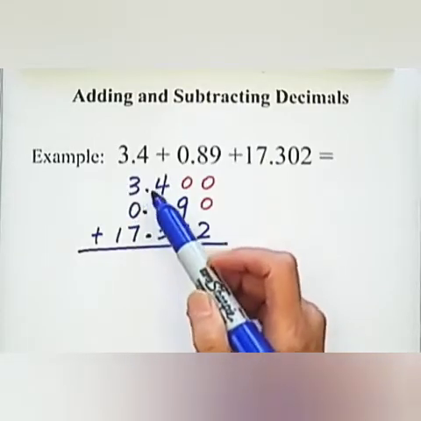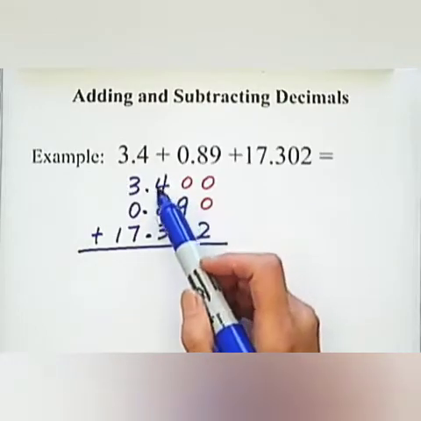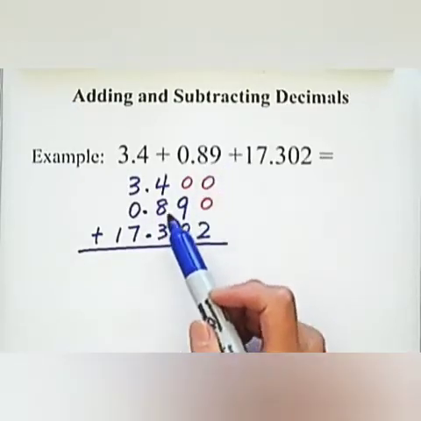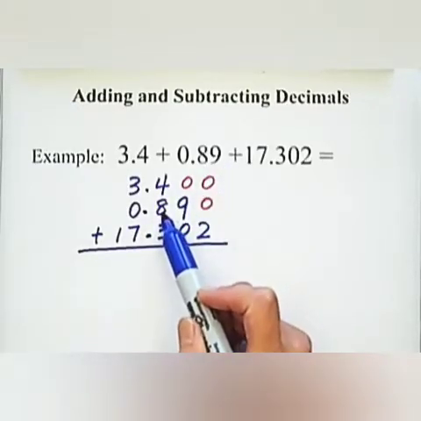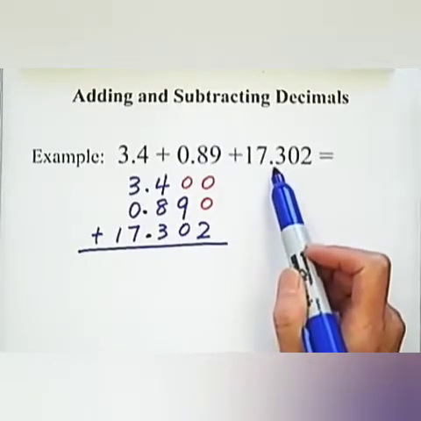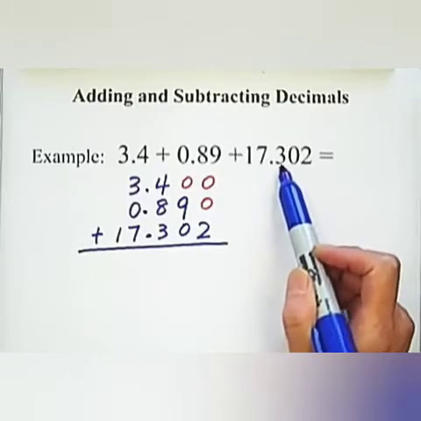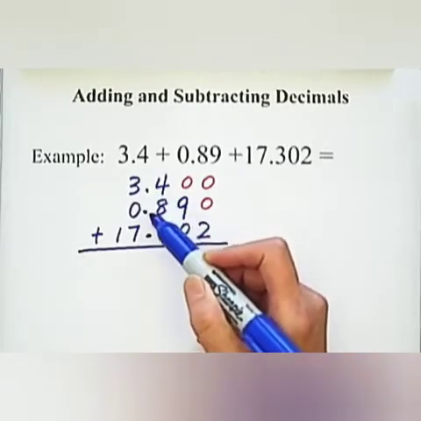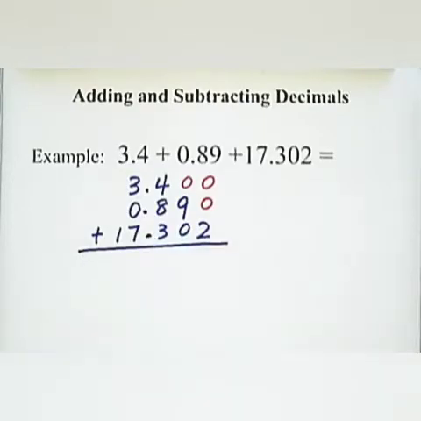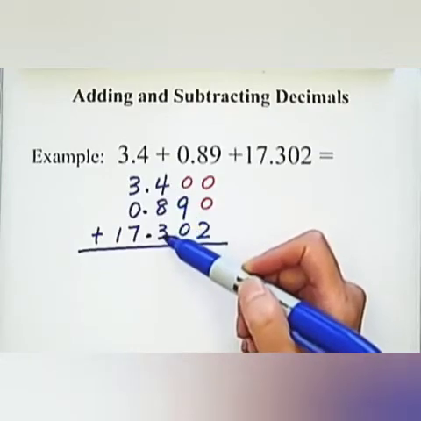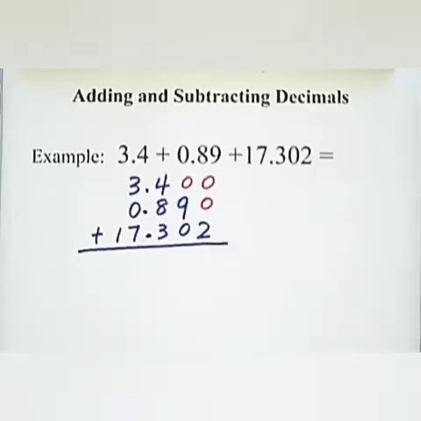After the decimal on the right side, 4 is the 10th digit, in 0.89 the 8 is also the 10th digit, and in 17.302 the 3 is the 10th digit. So that's why we need to line up the decimal point, so that the same place values are added.